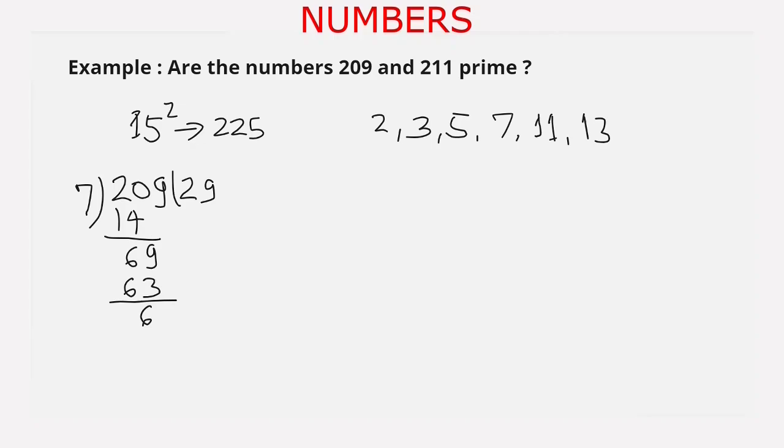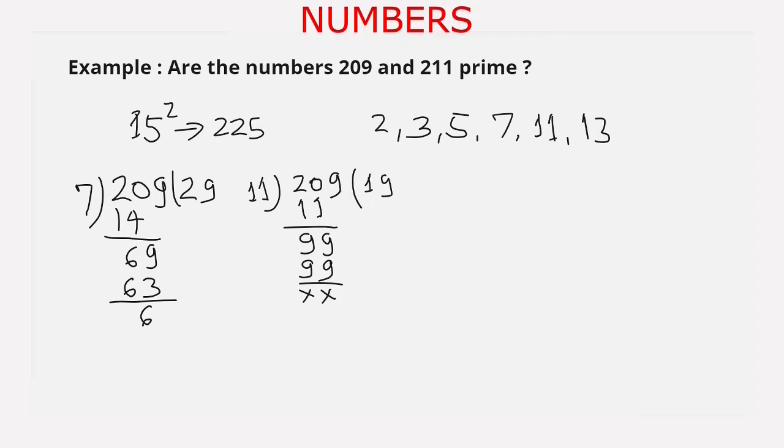Now we test it for 11. 209 on dividing by 11. 11 times 1 is 11, and subtracting 11 from 20 we get 9. We carry 9 from above, and 11 times 9 is 99. So this is divisible by 11. Hence 209 is not a prime number.